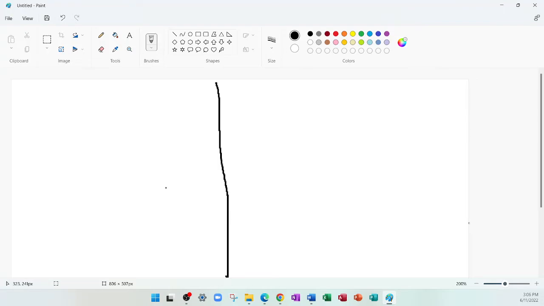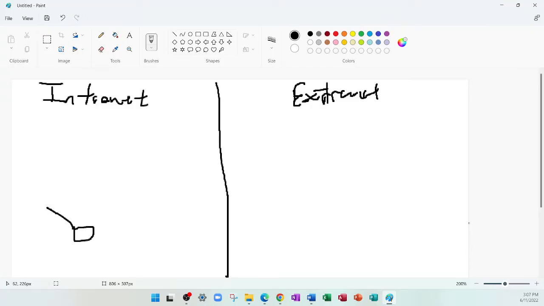On the left hand side, we're going to have the intranet, and on the right hand side, we're going to have the extranet. Now, the intranet, we're going to have a network. So this is a central device, a computer here, a computer here, a computer here. So this is the private network here.